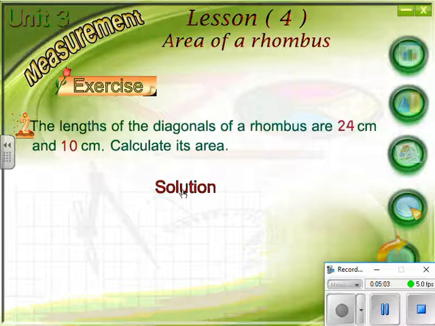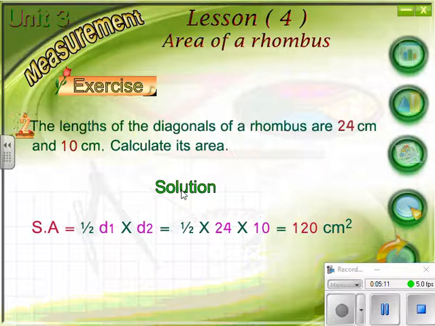So it will be half by 10 by 24, equal 120 centimeters square. And don't forget, for any area, the measuring unit is squared: centimeters square.